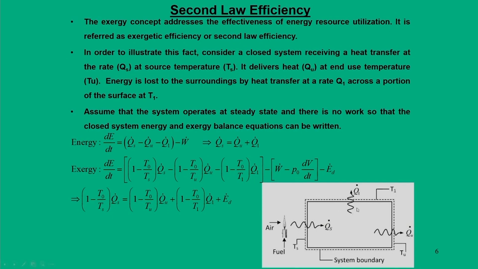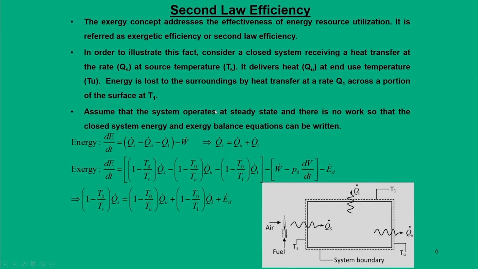So, another term is used here, which is Q_l dot, and this Q_l is nothing but the energy lost to the surroundings by heat transfer at a rate Q_l, and this heat loss is happening at a surface temperature T_l.